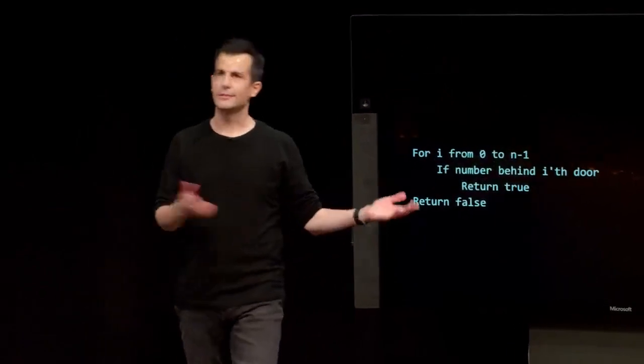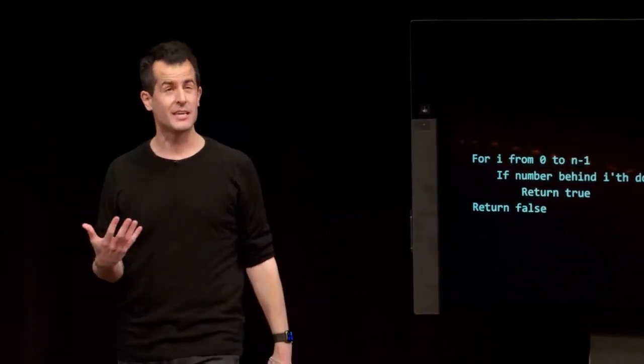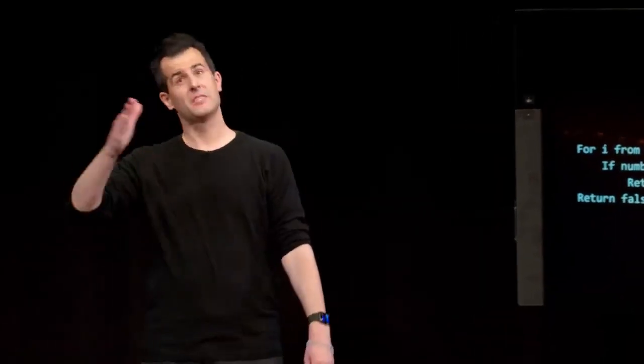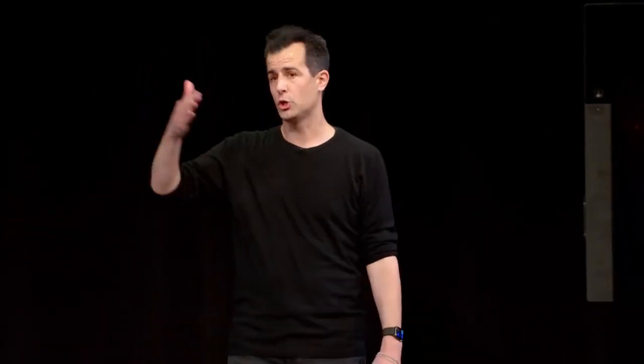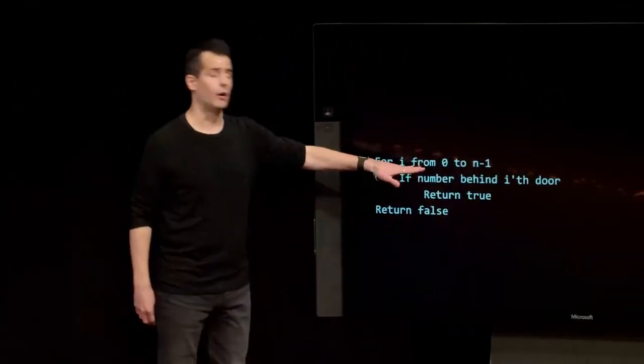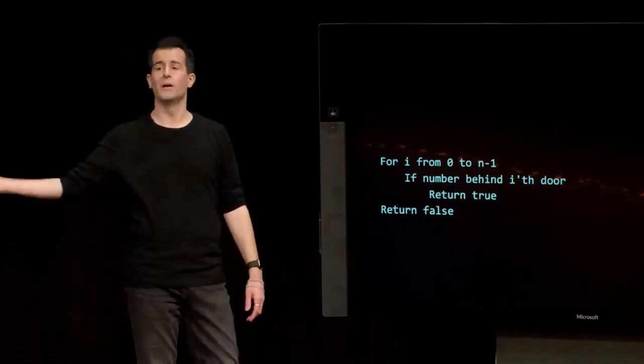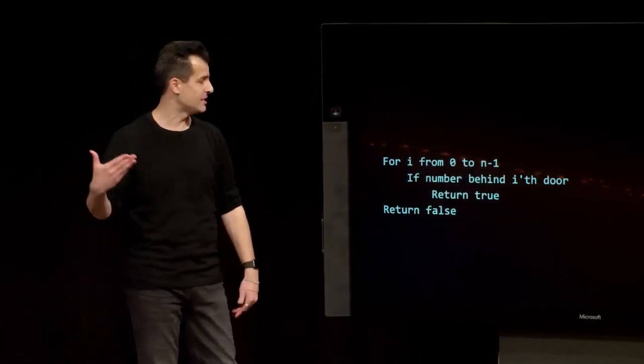For i from 0 to n minus 1. Computer scientists tend to start counting from 0. If there are n doors, or 7 doors in this case, you want to go from 0 on up to 6, or from 0 on up to n minus 1. So this is a very common way of setting yourself up with a for loop, maybe in C, maybe in pseudocode in this case, that just gets you from left to right, algorithmically, step by step.